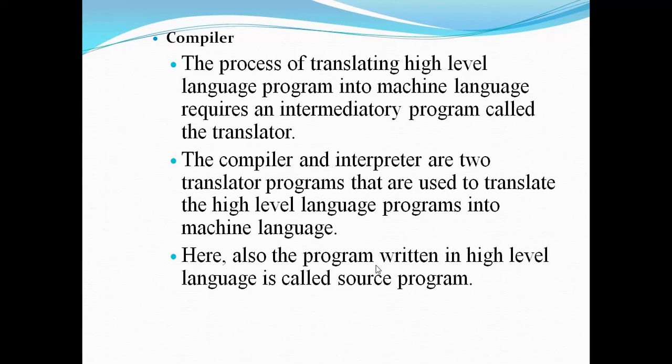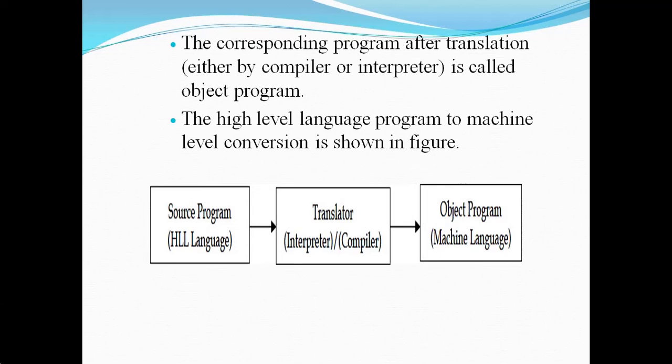So here also the program written in high level language is called source code. The program which is written in high level language is called source program. The corresponding program after translating is called object program. The output is called object program. So this is the high level program or high level language.